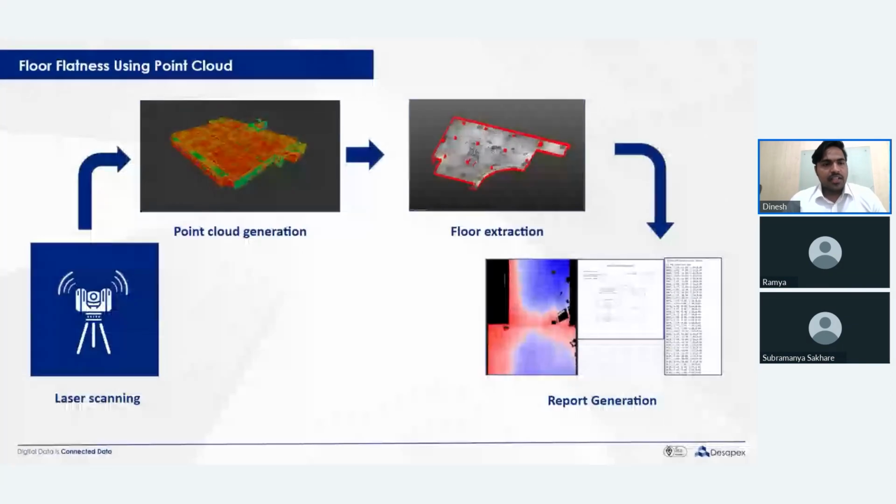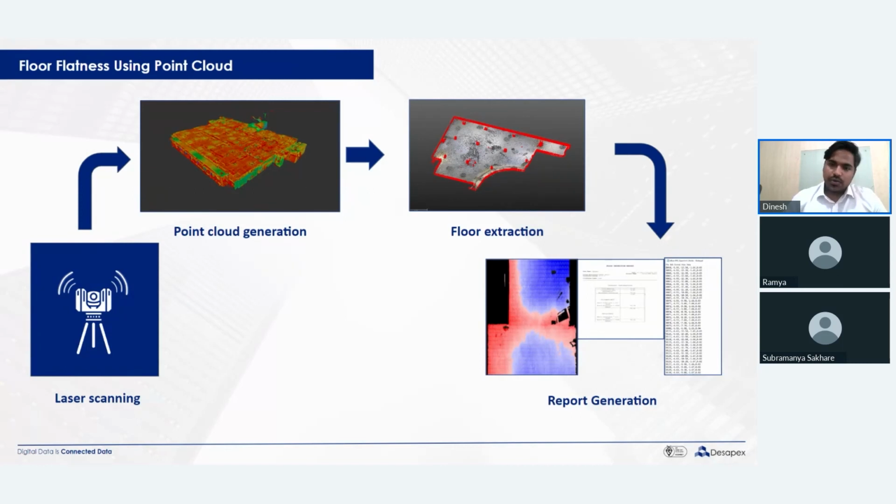This is what I was talking about, the floor flatness using the point cloud. Use laser scanning reality capture technology, capture the space, and then generate the point cloud. From that, you extract the floor, and then use this generated floor to generate the reports.